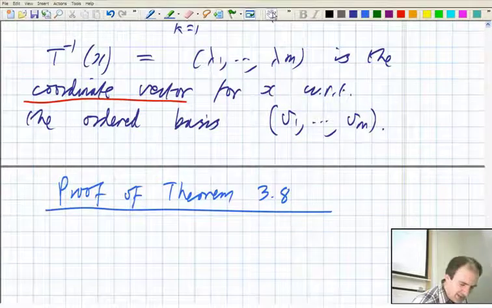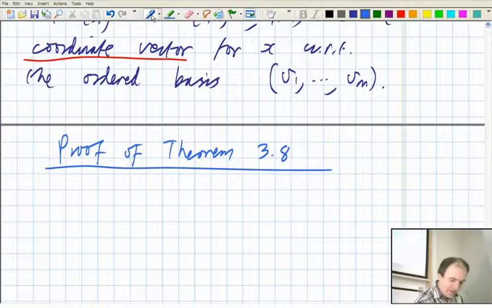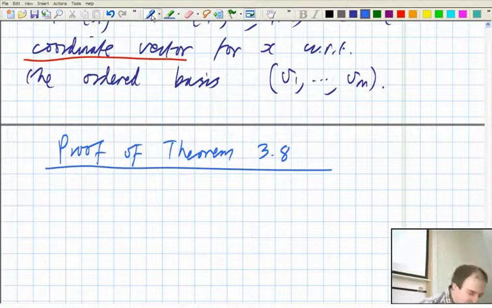Okay, so the proof of 3.8. So we've got our m-dimensional vector space, using notation as above.